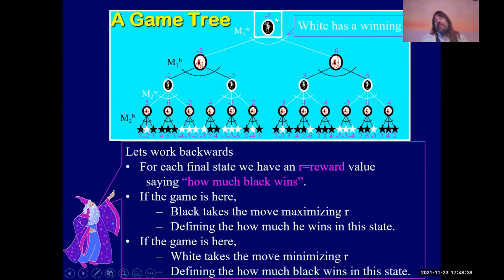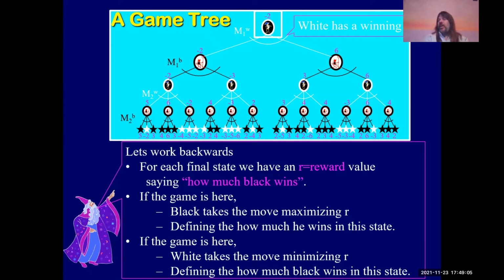And how would the game play out? Whenever it's white's turn, he makes the move to the minimum choice, and whenever it's black's move, he takes the move to the maximum choice. You follow the path, and it will move down to this -2 where white wins.